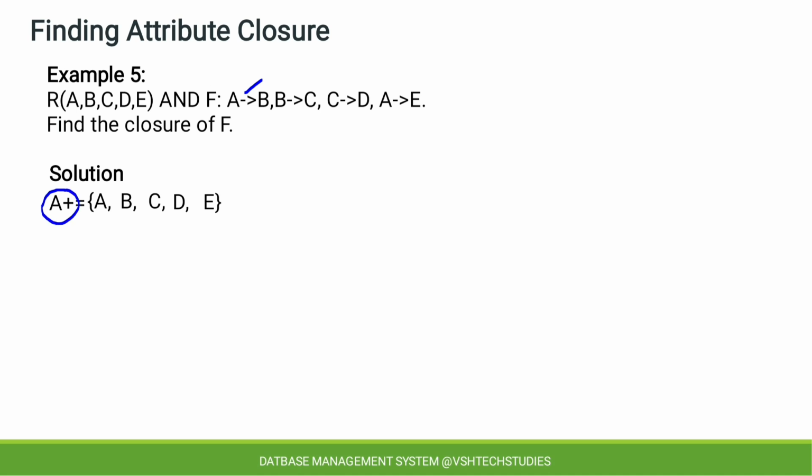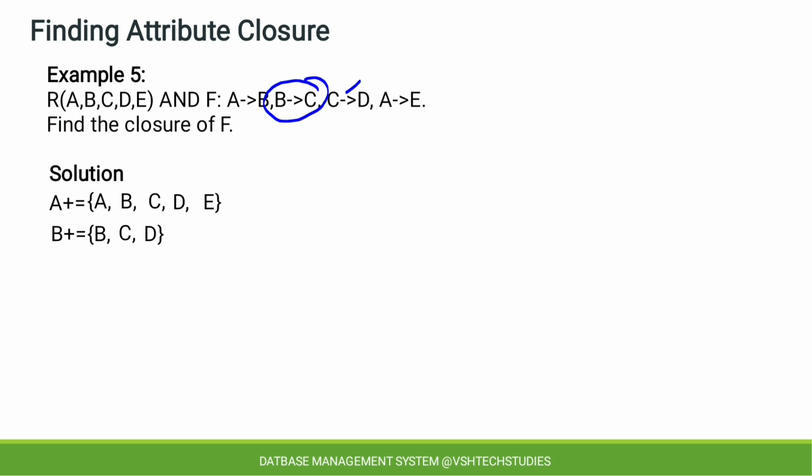Next we'll have to consider B determines C. So B determines itself first. Next C. C determines D. So D is also added to the result set.